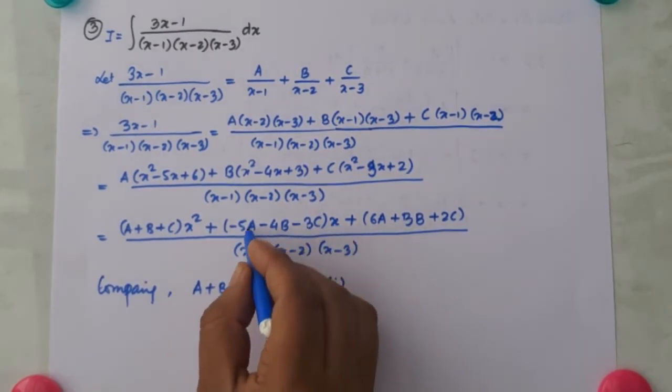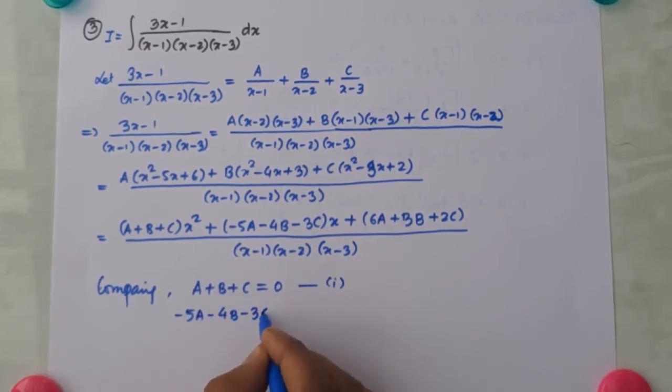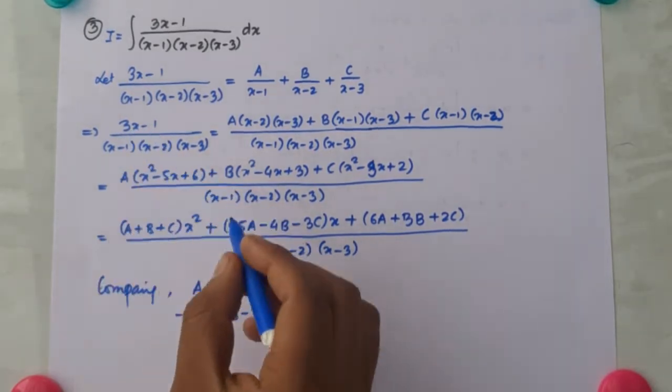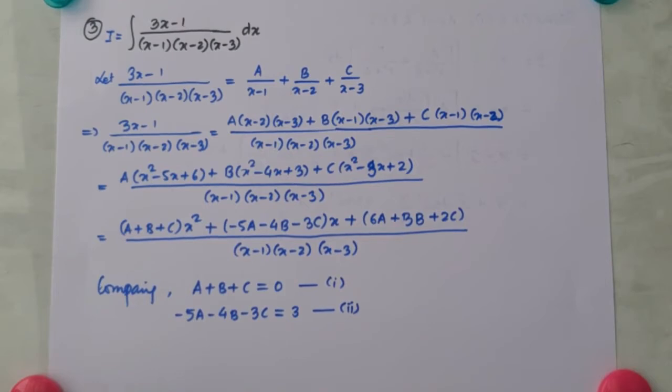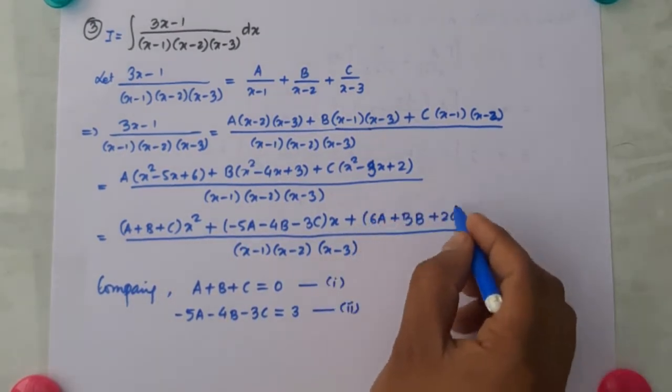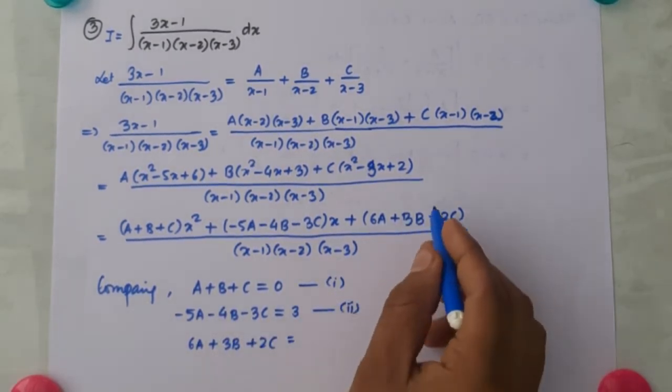Now the coefficient of x here is this one, isn't it? That is -5a - 4b - 3c, and the coefficient of x here is 3, isn't it? So that's why we have this as equation 2, and the constant term here is 6a + 3b + 2c equals to, now what is the constant term here?